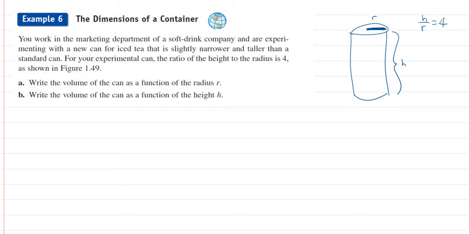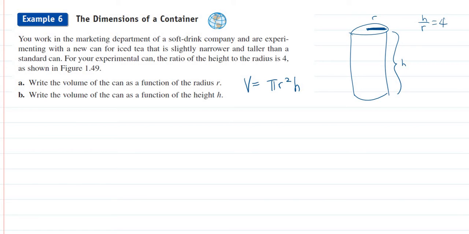So we've got two parts to our problem here. We're going to write the volume of the can as a function of the radius r. So first of all, we need to know how to find the volume of a cylinder. If you don't know, you go look it up, and you realize that the volume of a cylinder is equal to pi r squared h, where r is the radius and h is the height.